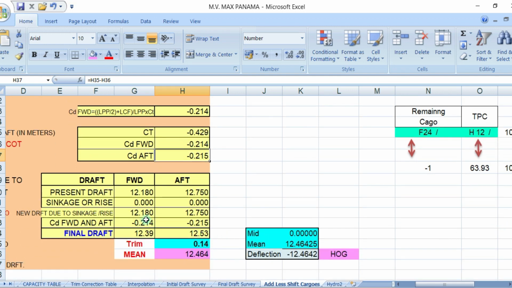So 12.18 plus 0.214 is 12.39, and your draft up, 12.75 minus 0.215, is 12.53. Okay, it's the same. Check.